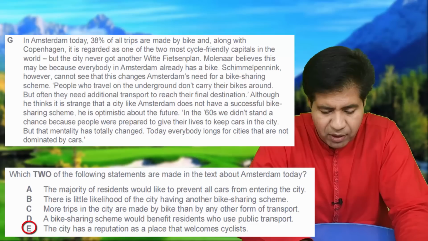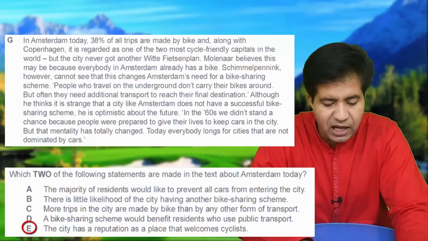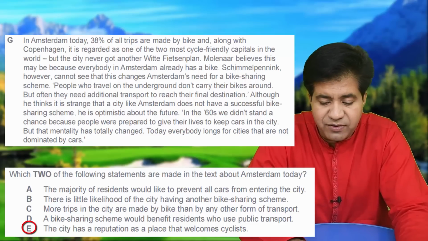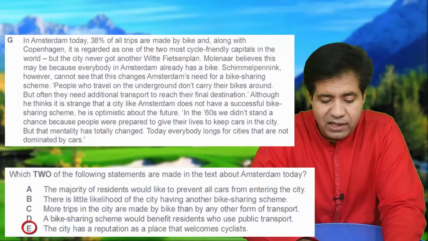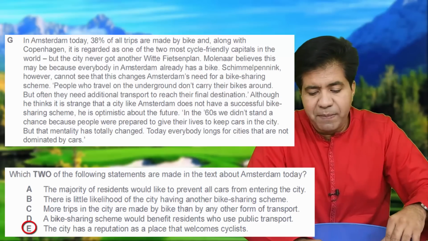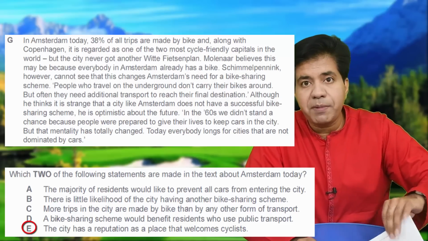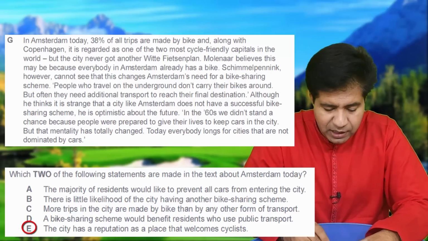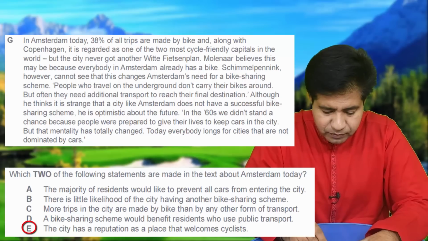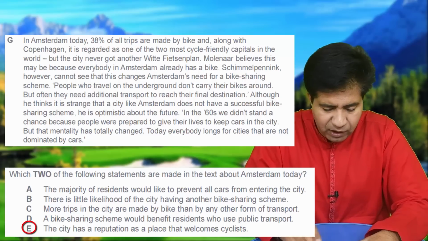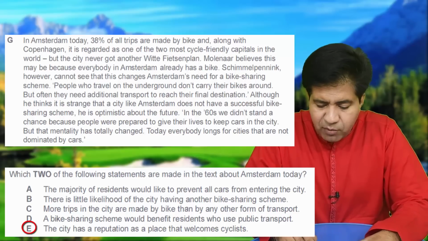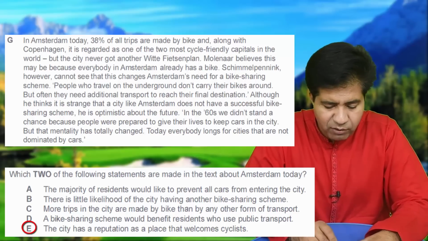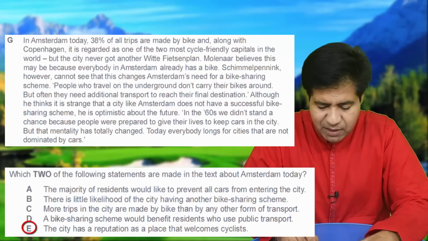Now there was something about a bike sharing scheme would benefit residents who use public transport. Now what are they saying? A bike sharing scheme would benefit residents who use public transport. And what is their statement? The statement is, again I read from there, please follow me. He says Molinar believes this may be because everybody in Amsterdam already has a bike, and Schippening, however, cannot see that this changes Amsterdam's need for a bike sharing scheme.